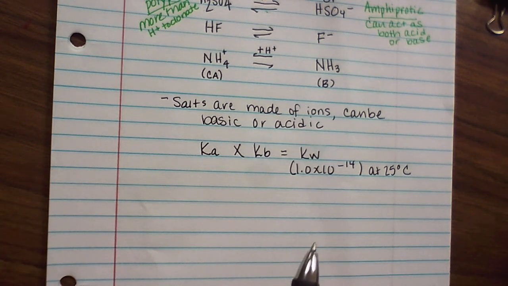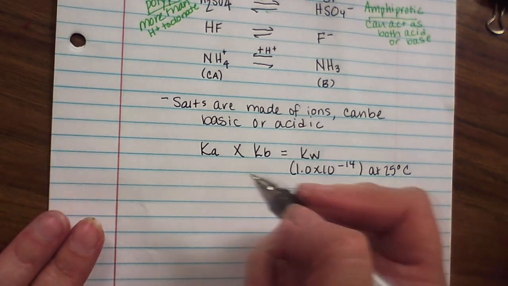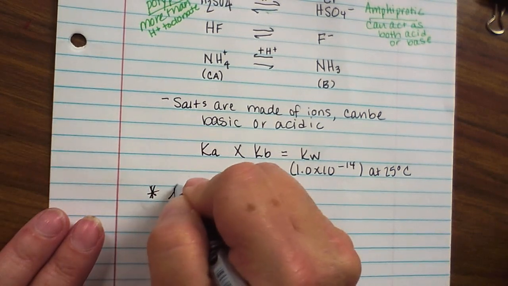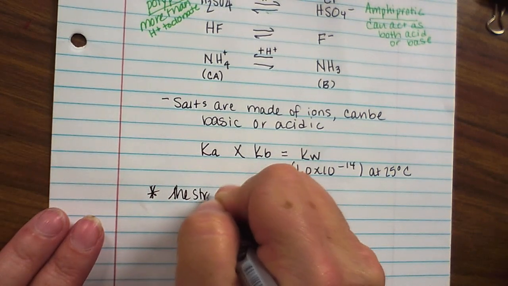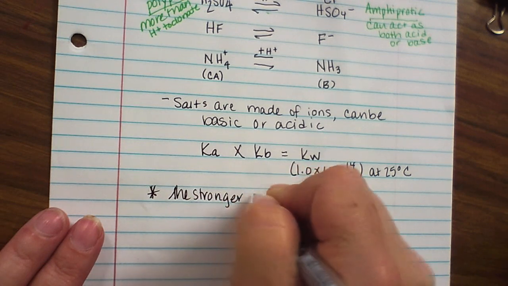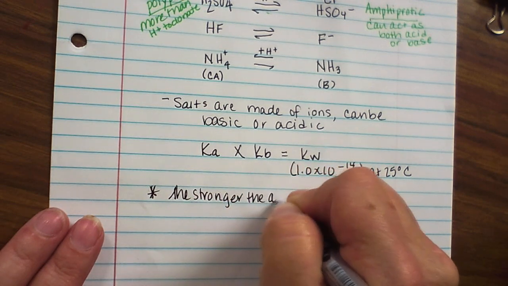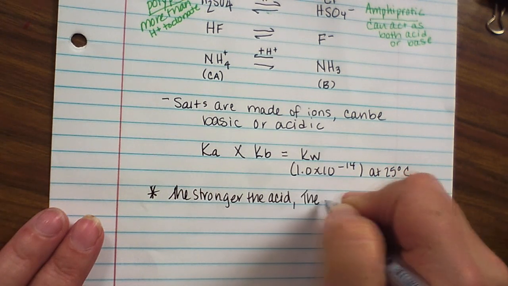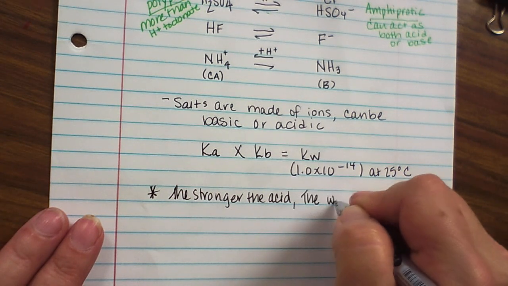We also know that the stronger the acid, the weaker the conjugate base.